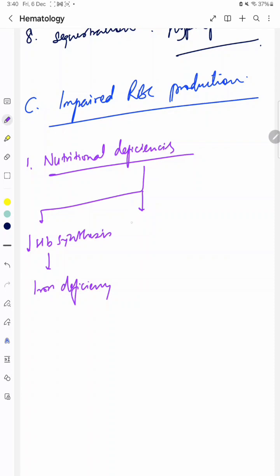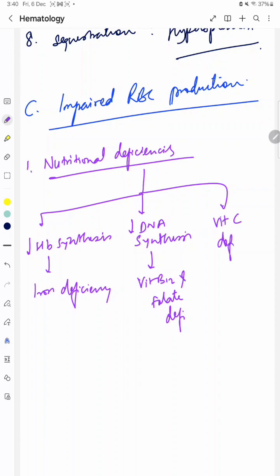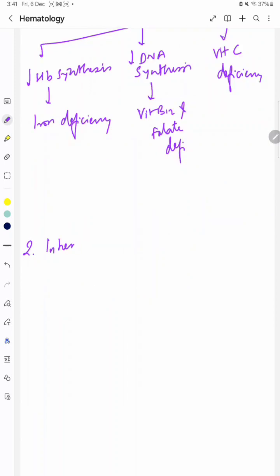Deficiency leads to defective DNA synthesis: vitamin B12 and folate deficiency, and vitamin C deficiency.